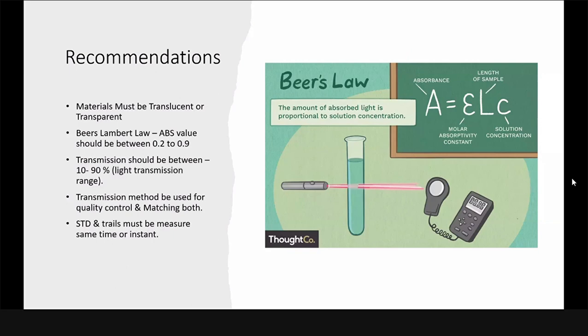And whenever we are doing transmittance, we can measure anything, but it is recommended to use materials that can transmit at least 10% to 90% energy, whether it is a liquid, a fabric, a plastic, or a chip. As we said in the first point, the material should be translucent or transparent, and that limit is given in percentage.